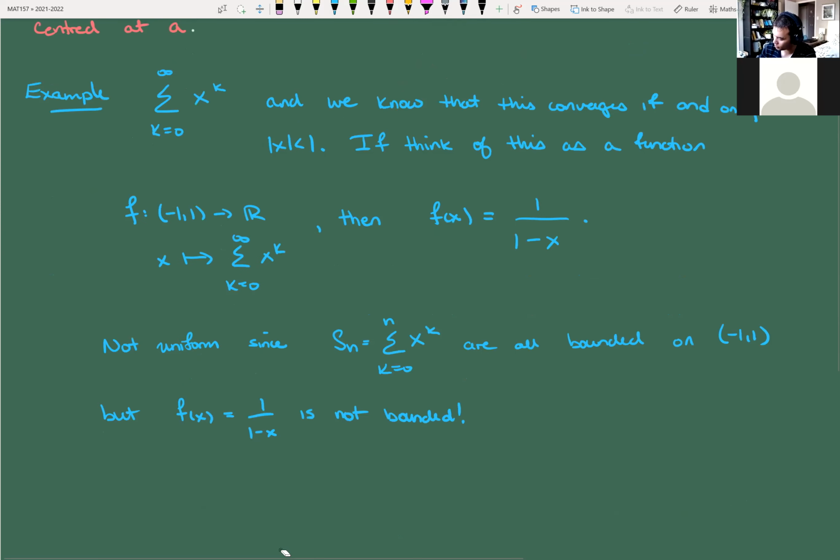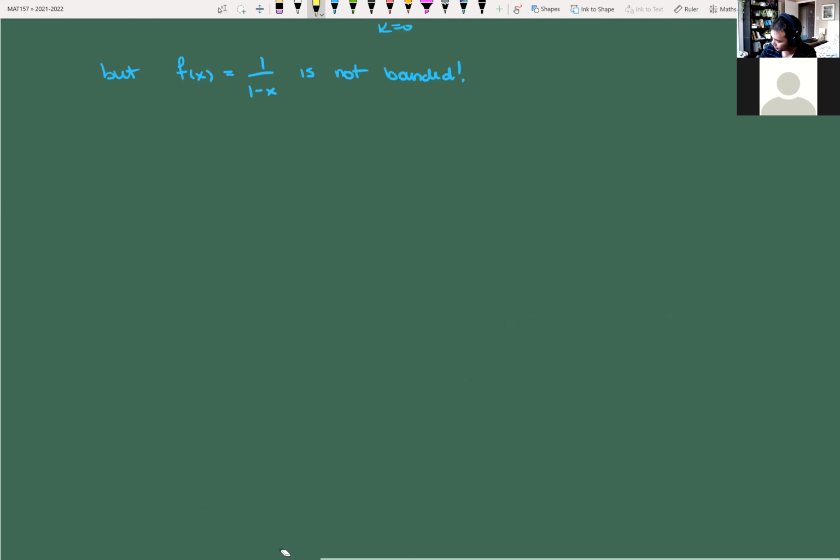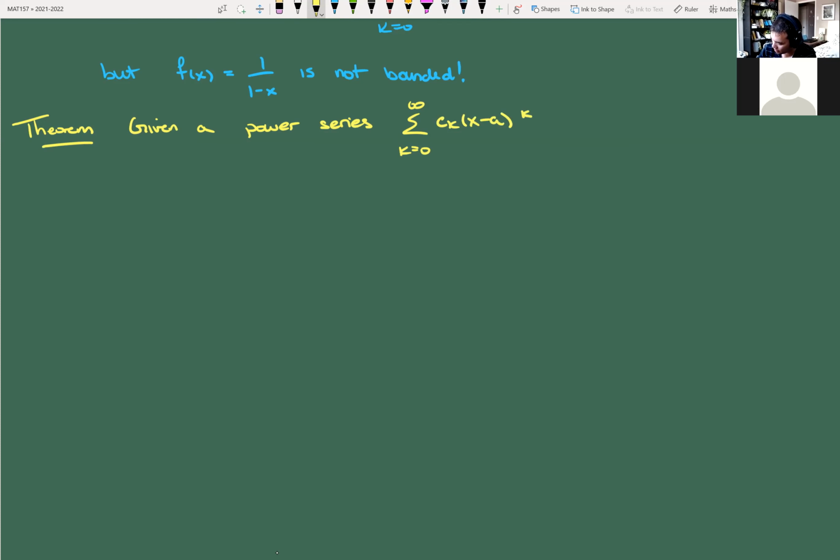Okay, so theorem number 1 goes as follows. Given a power series, sum k equals 0 to infinity, c_k (x minus a)^k, there exists a unique, and we're going to prove it exists, but it's clearly unique.